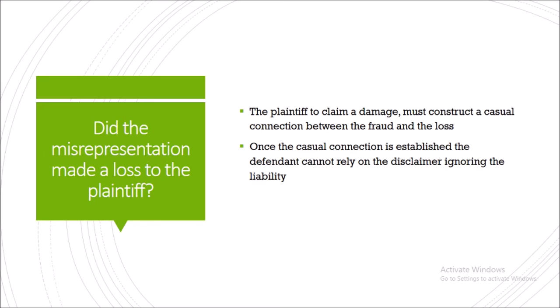The next point is, once the causal connection is established, the defendant cannot rely on the disclaimer, ignoring the liability. Once the causal connection is made, the defendant cannot say no, and he cannot use any disclaiming parts ignoring the liability for that particular incident, right? Because if there's a connection between these two facts, the fraudulent act and the loss, definitely that is fraudulent conduct.